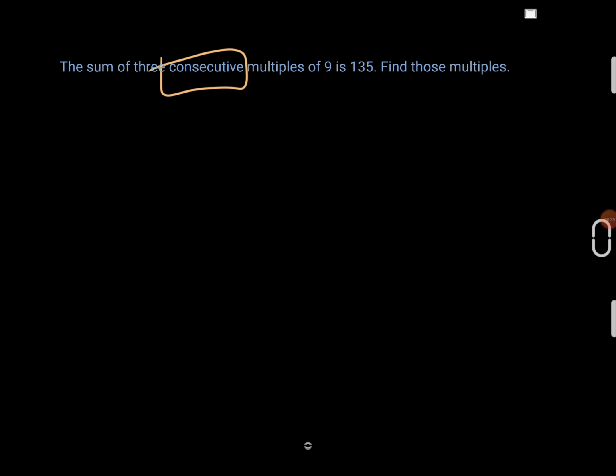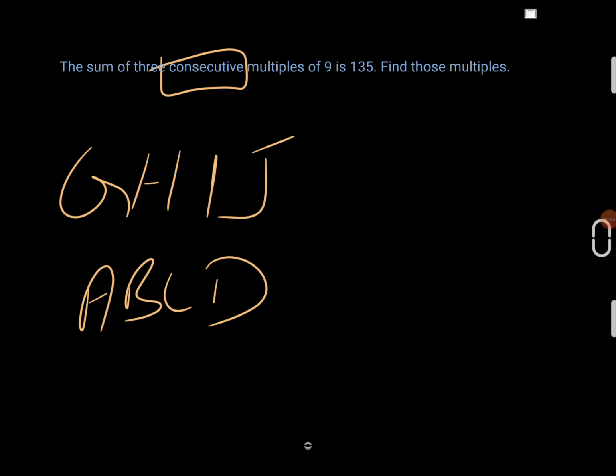For example, if I ask you to tell me any 4 consecutive alphabets in the English language, you can tell me G, H, I, J, or you could tell me A, B, C, D, or you could tell me D, E, F, G. So you see, you can pick any 4.